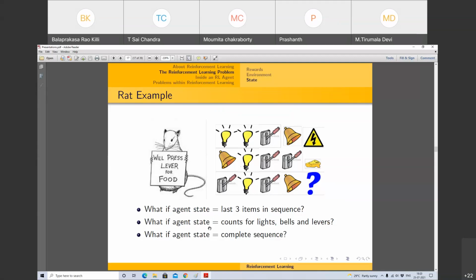On the other hand, if you are storing state as the number of lights, number of levers, number of bell sounds, then it will get bread. On the other hand, if you are storing the entire sequence as state, then it will not match with this or this. That means the existing data is not sufficient to determine the output. So this is what we mean by state.